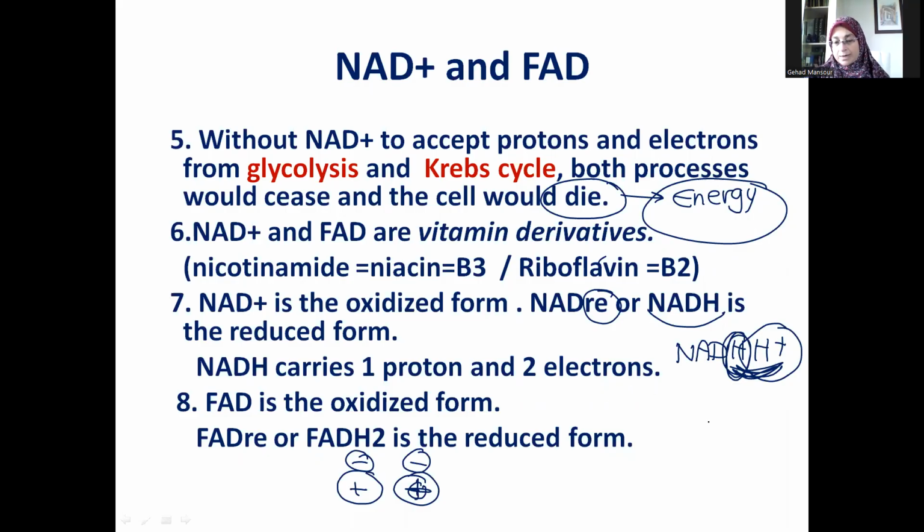We said that if NAD, which carries a positive charge, meets two hydrogen atoms, two protons and two electrons, then one electron will neutralize the positive charge. So it will carry one proton, which is this one, and actually two electrons.